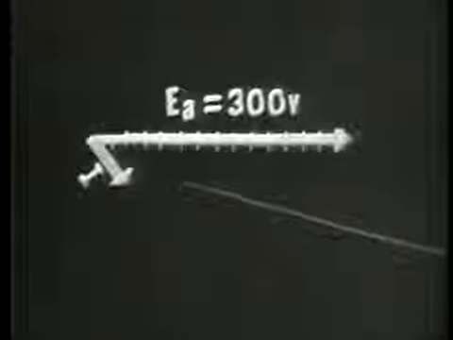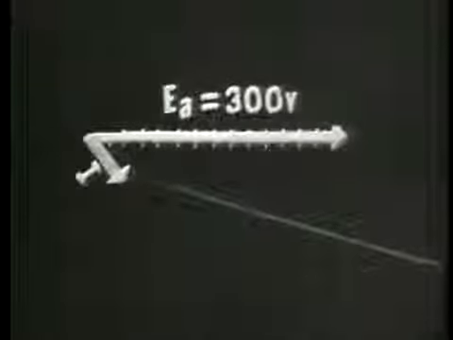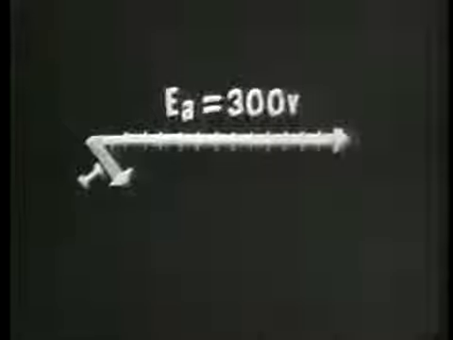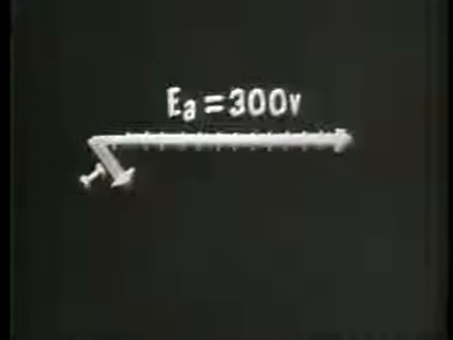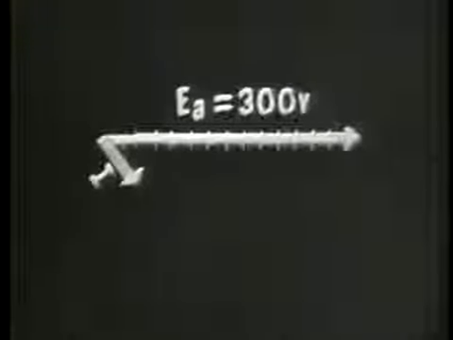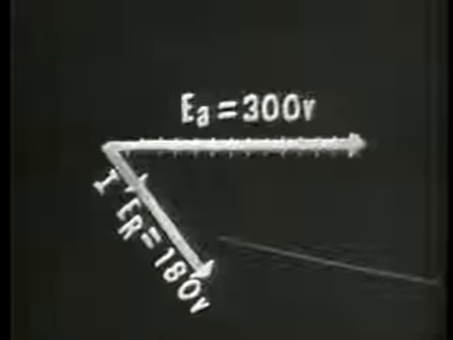So the current then, 20 milliamps, would have to be plotted here, lagging the voltage applied by 53 degrees, or at a negative 53 degree angle. As you remember, the voltage drop across any resistor is in phase with the current that's flowing through that resistance. Therefore, ER, 180 volts in amplitude, would have to be plotted in phase with the current, like we see here.